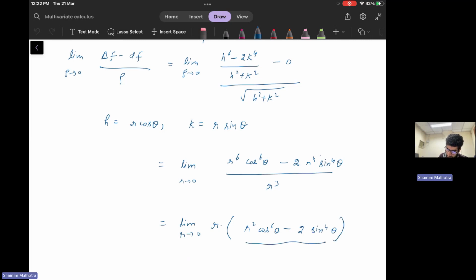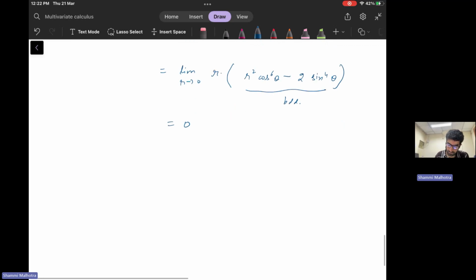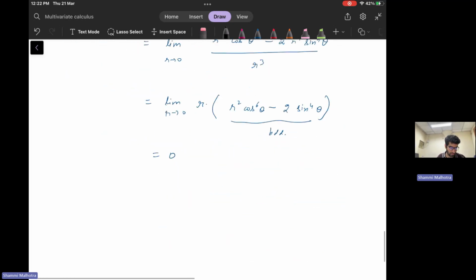So this thing is actually bounded. So we have this limit to be 0 only, and since this limit is 0, the function given to us is differentiable. So that's how we check differentiability.